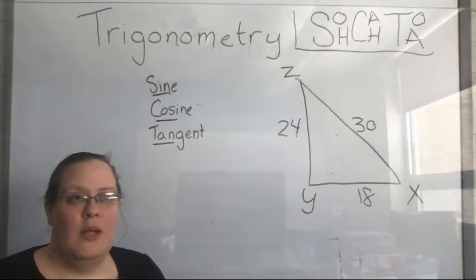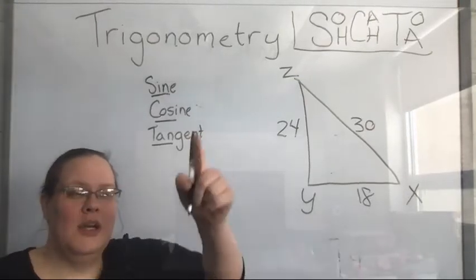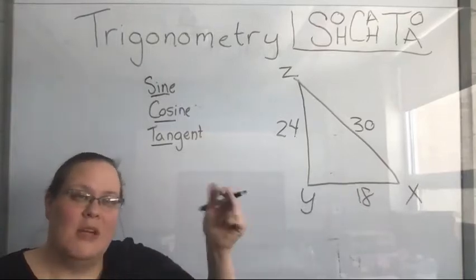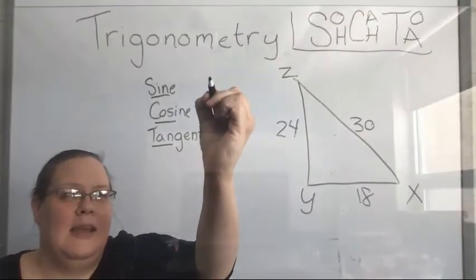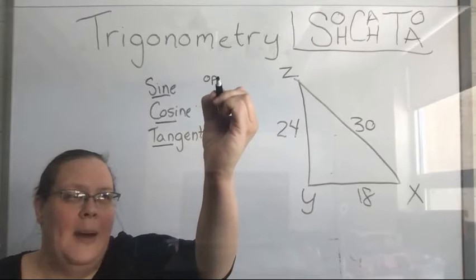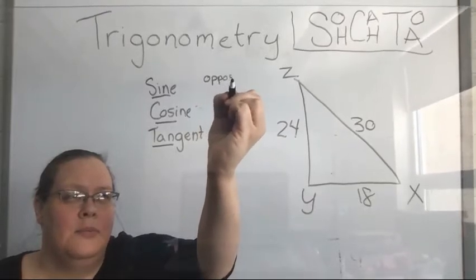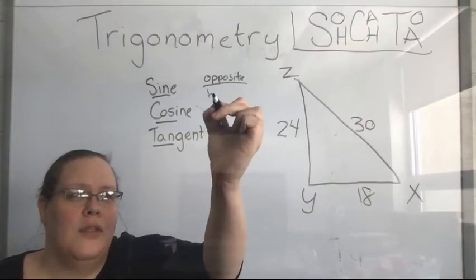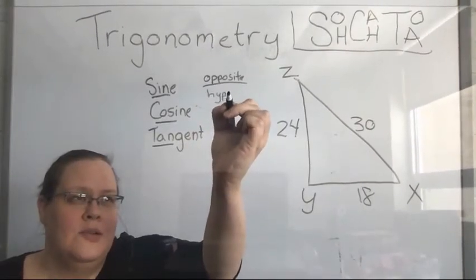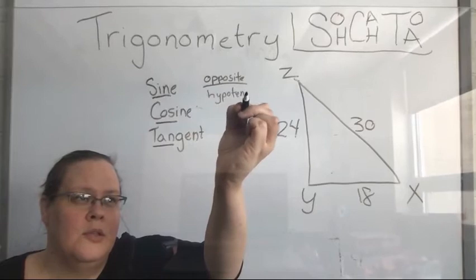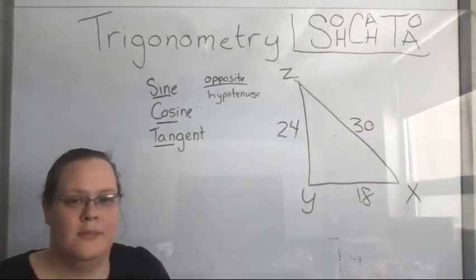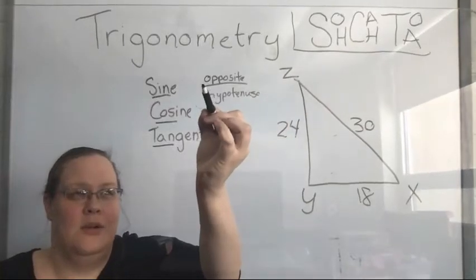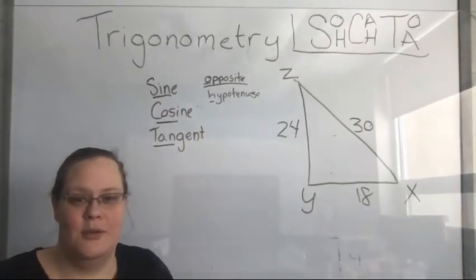So for example, when we look at sine, we're looking at the sine of a certain angle, and we make this ratio by putting the length of the opposite side over the hypotenuse. This is where we get the OH in the SO: opposite over hypotenuse.